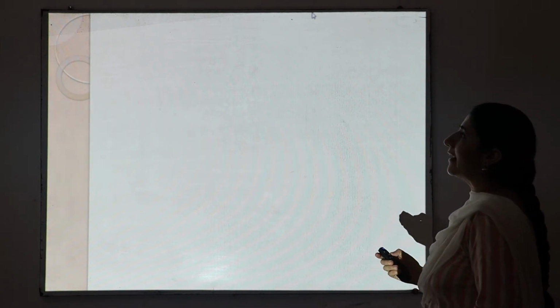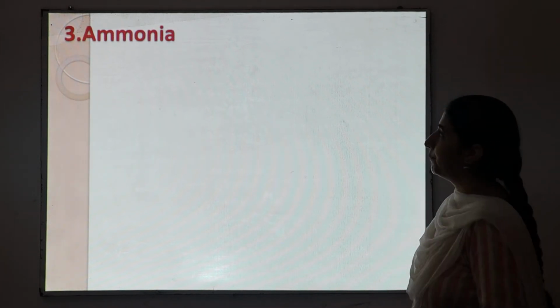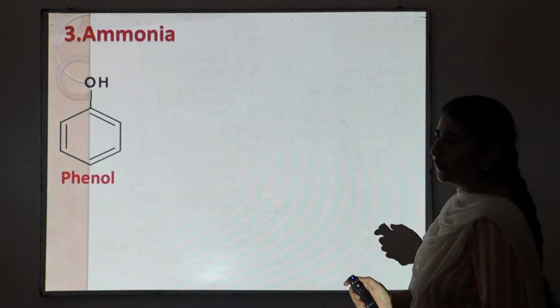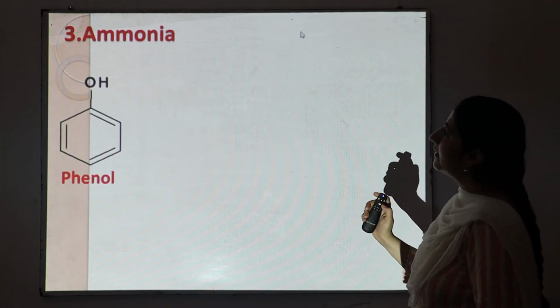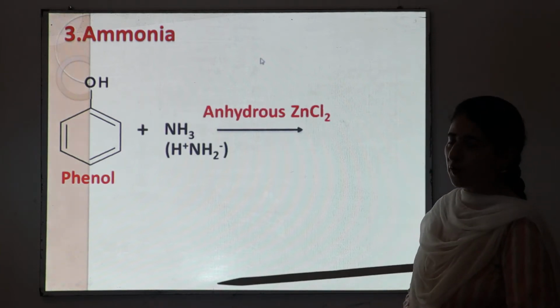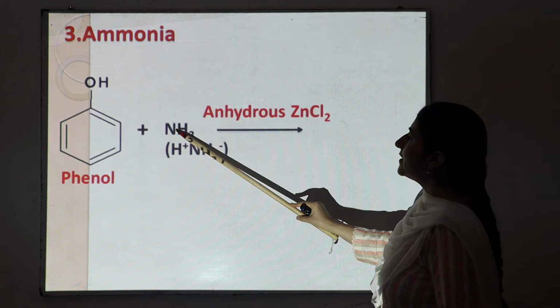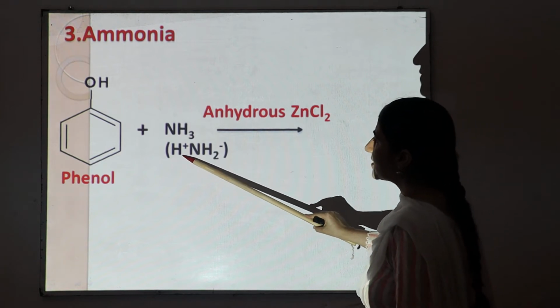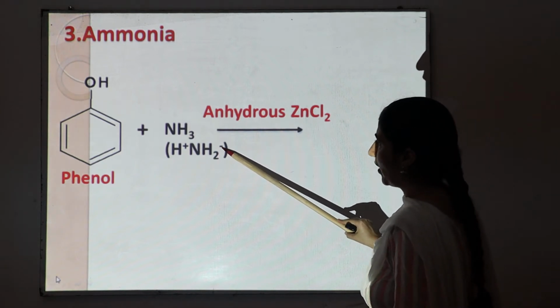The third reaction is reaction of phenol with ammonia. Here we have a phenol reacting with ammonia in the presence of anhydrous zinc chloride. In ammonia, we have H positive and NH2 negative moiety.